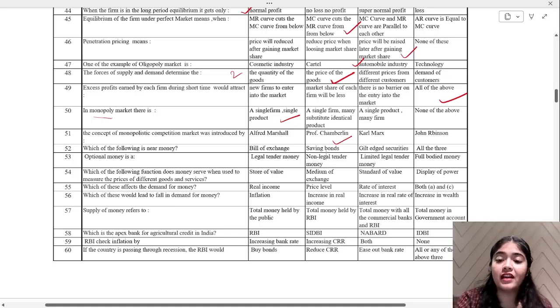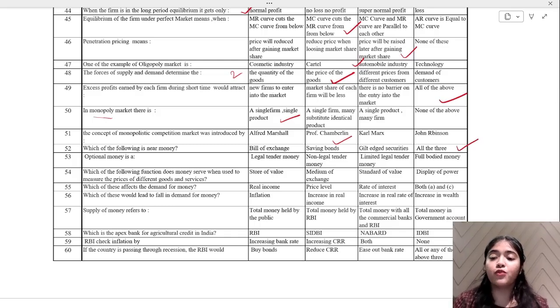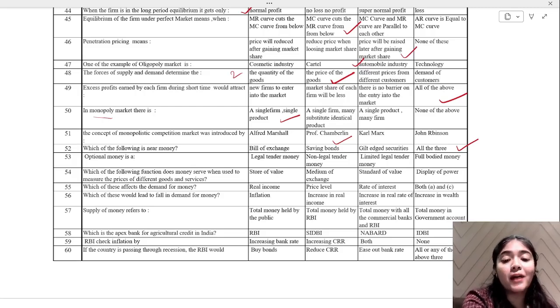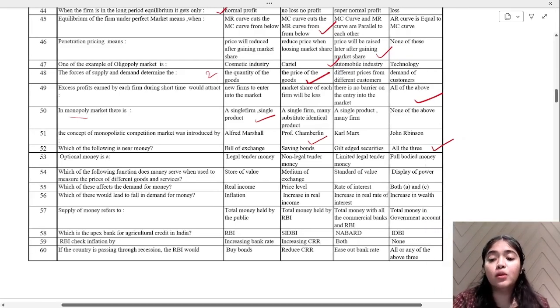Correct, all the three are the correct option. That's option number four for you. Now, which of the following is optional money? Legal tender money, non-legal tender money, limited legal tender, or full bodied money. So, optional money is what?